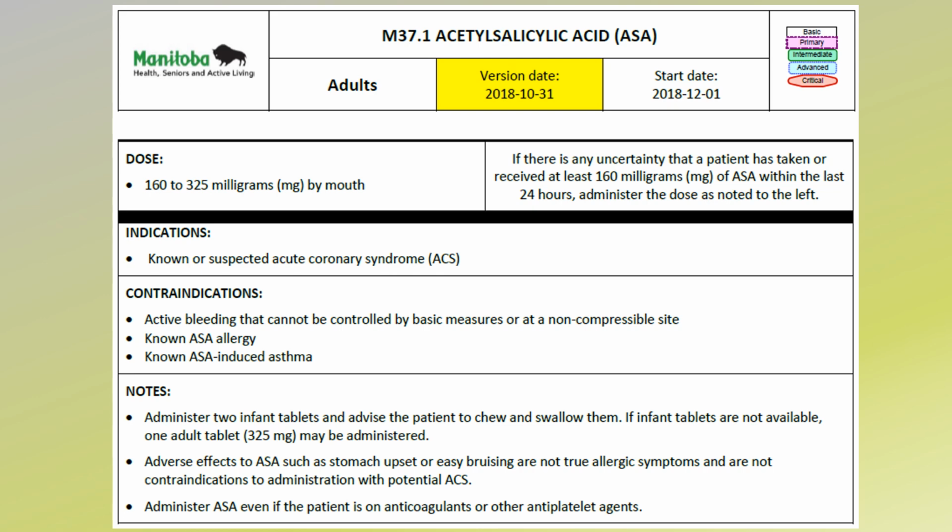If the patient has taken 160 milligrams of ASA within the last 24 hours and you can verify that, then you don't need to repeat. However, if there is any uncertainty on your part as to what they took, when they took it, etc., then it is completely okay for you to just re-administer between 160 and 325.